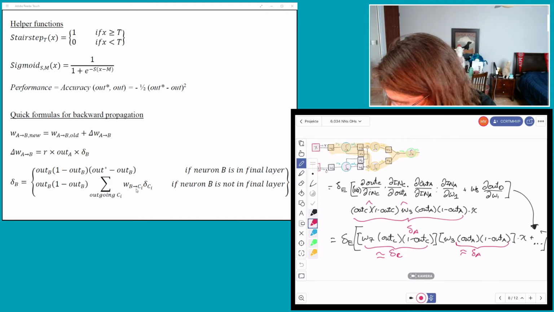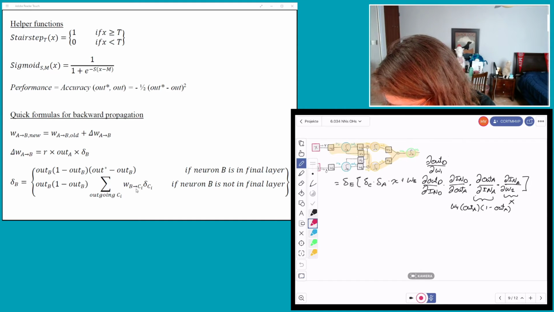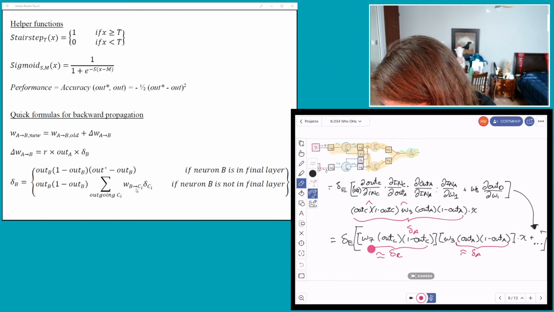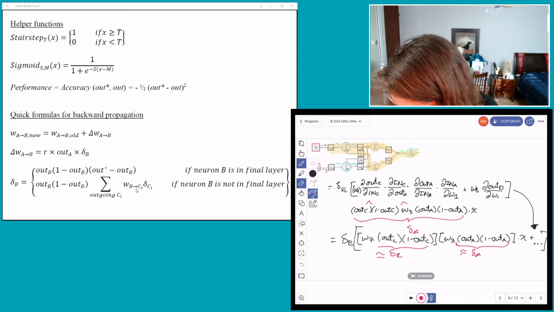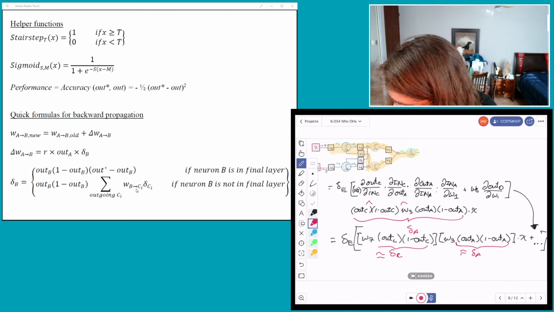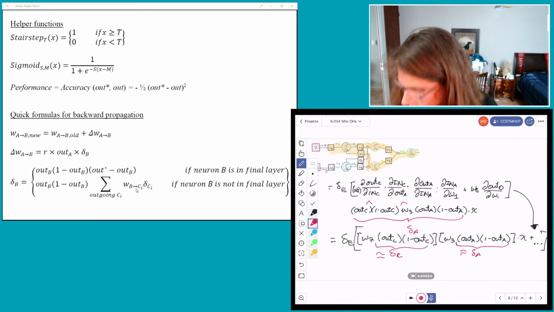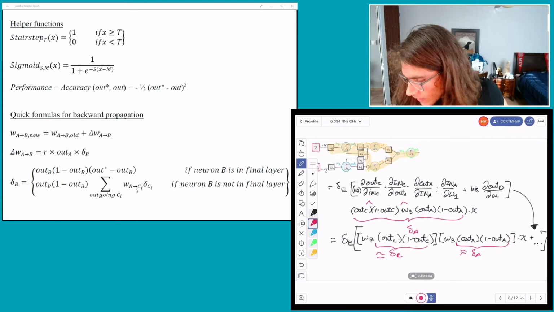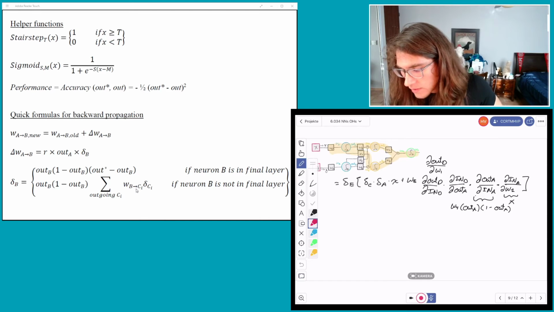I really butchered a few things there that I shouldn't have butchered, because this should not include W7. Be careful, be very careful. You're witnessing firsthand the notational nightmare that it is to perform the chain rule by hand.